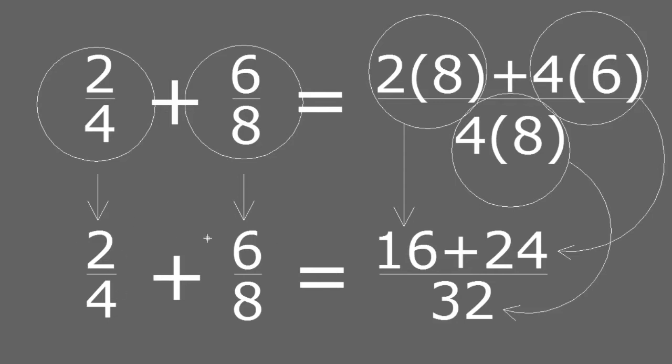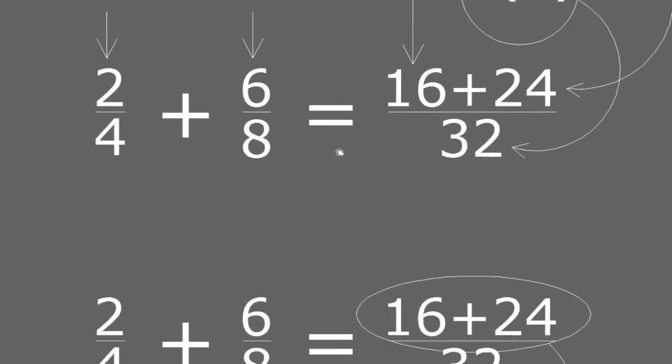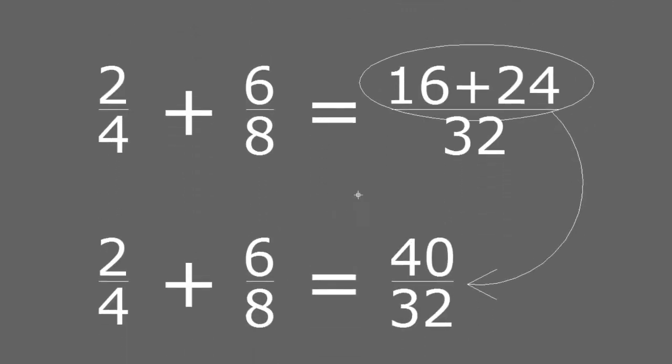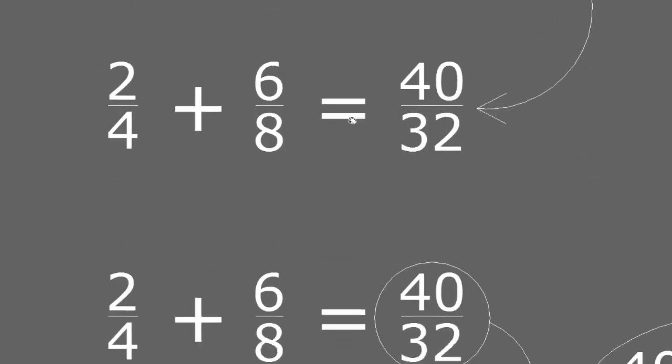The other side I'm not changing yet. It's staying the same, 2 over 4 plus 6 over 8. Now 16 plus 24 becomes 40. So now I have 2 over 4 plus 6 over 8 equals 40 divided by 32.